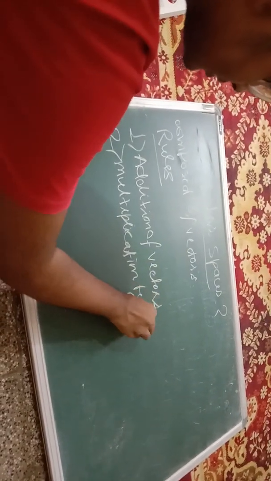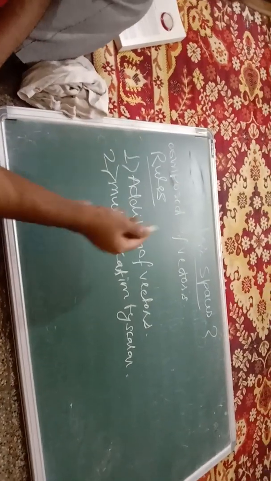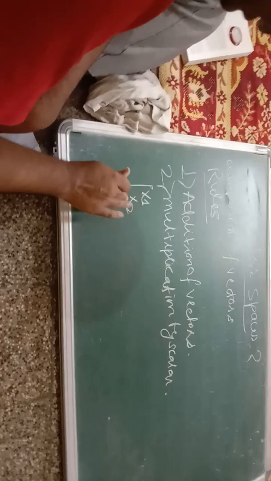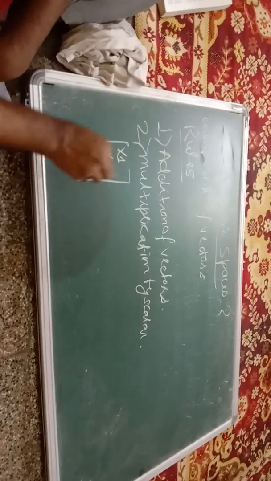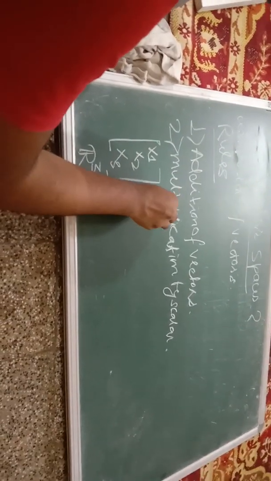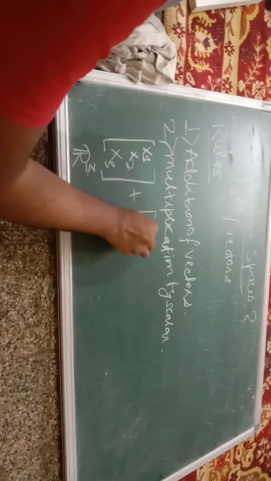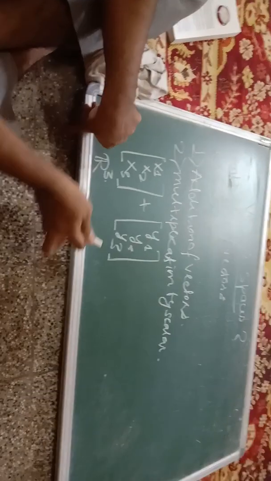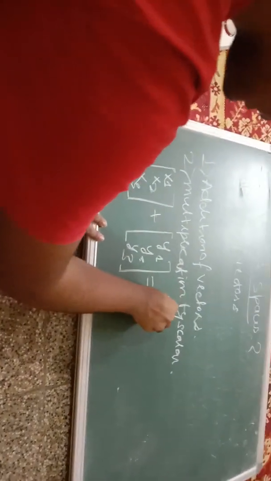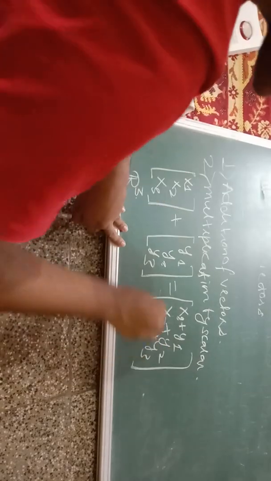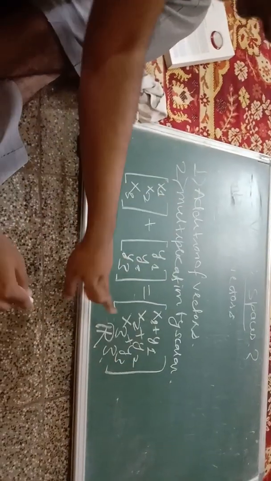So if we have a vector x1, x2, x3, say a vector in the R3 space, then we can add it to a vector y1, y2, y3, and the result would be x1 plus y1, x2 plus y2, x3 plus y3, again lying in the R3 space.